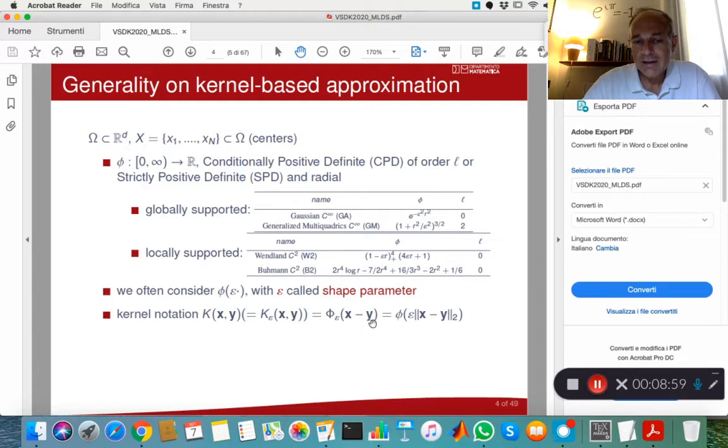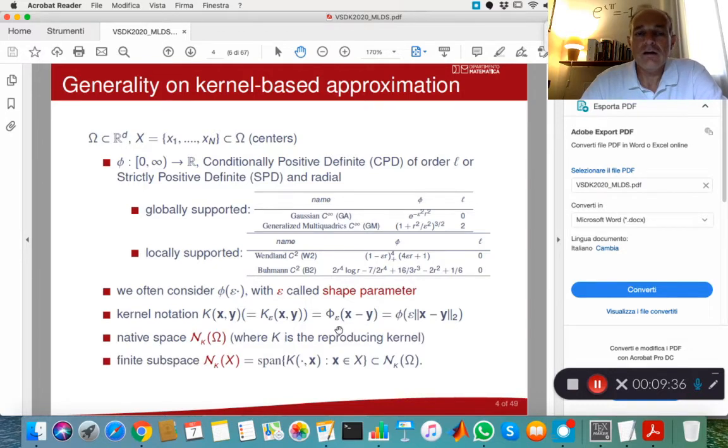Now x and y are still vectors in Rd as before, but here we are composing with the 2-norm, so the value is real, but here we have a function in Rd, or we can use this kernel using the so-called kernel notation. So a kernel is now defined on Rd times Rd, which is another notation quite common working in this framework.